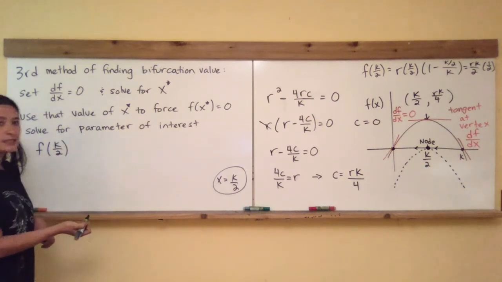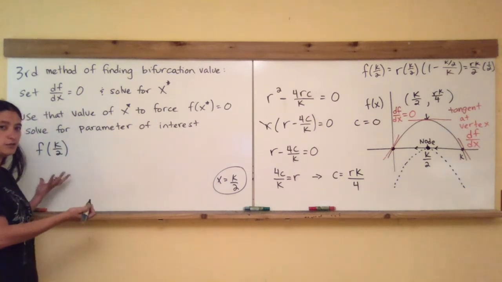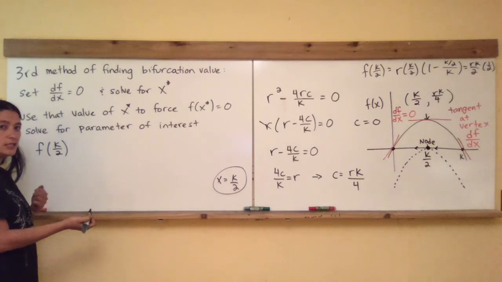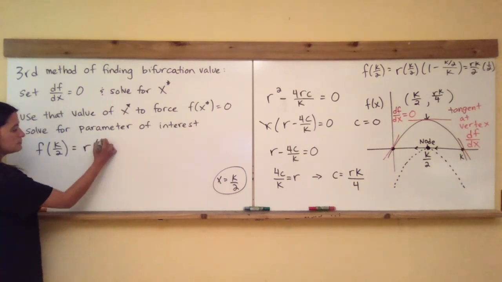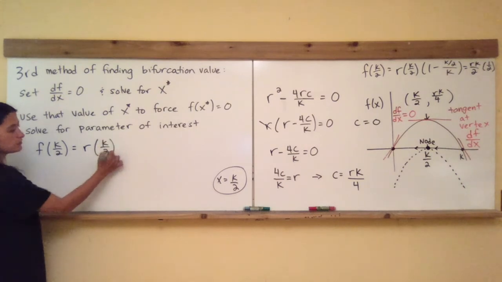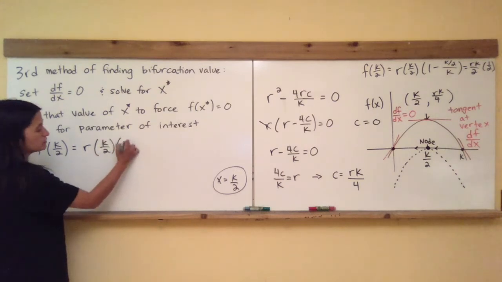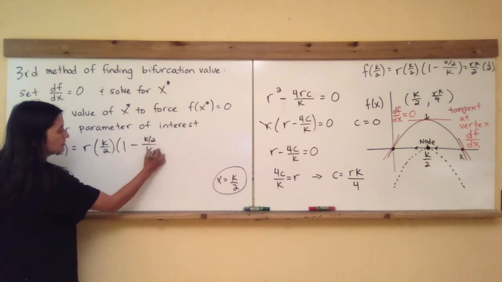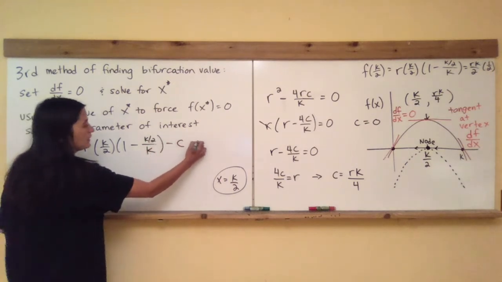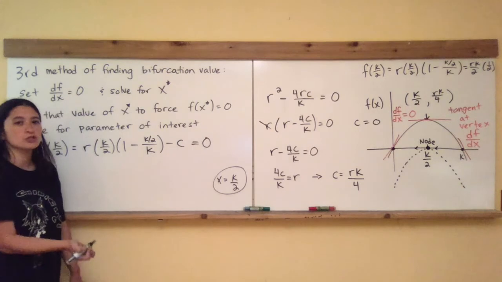Remember, f of x is the logistic model with harvesting that I had up on the board before, and that equation is r times x, and remember I'm plugging in k over 2 for x, times 1 minus x, which is k over 2 here, divided by k, minus c, and I want to force that to equal 0.